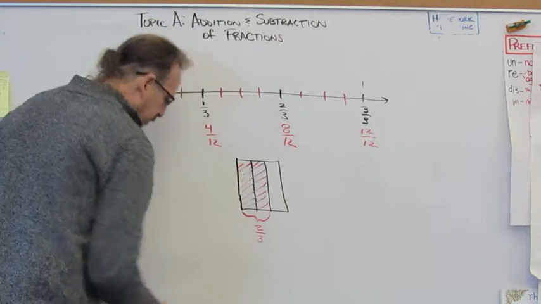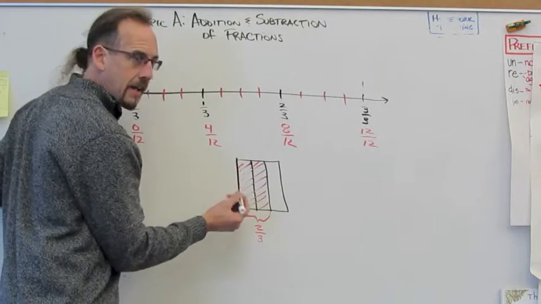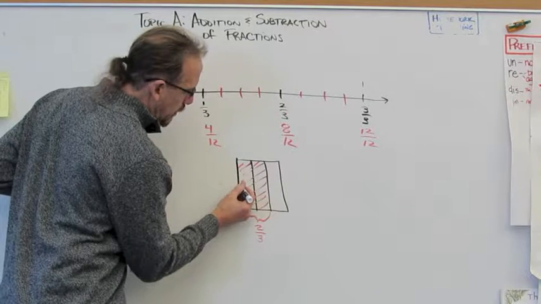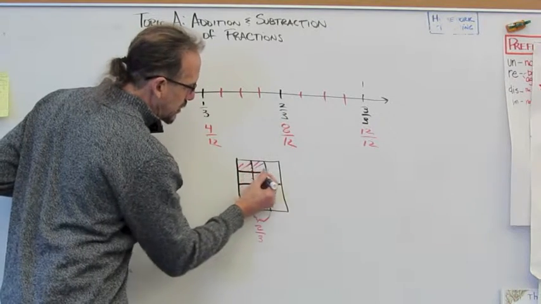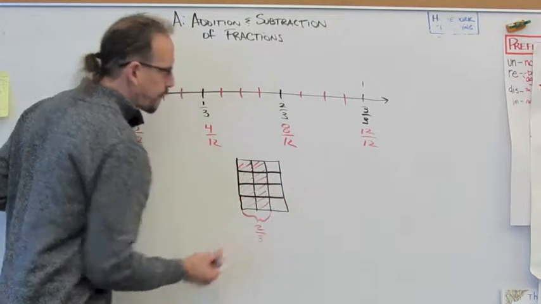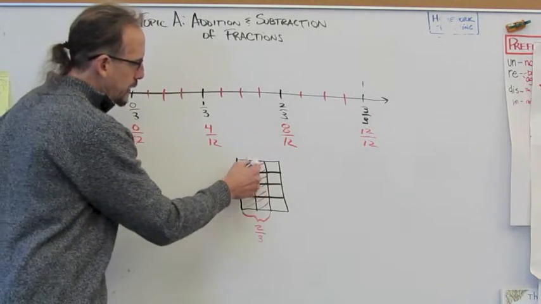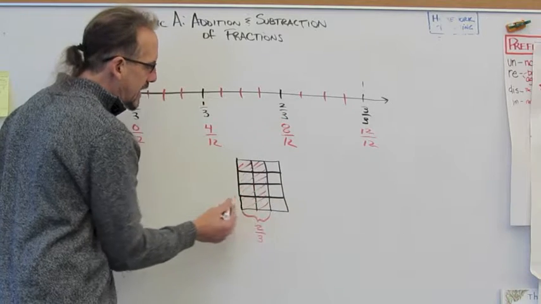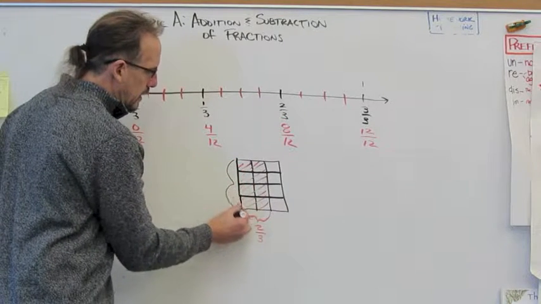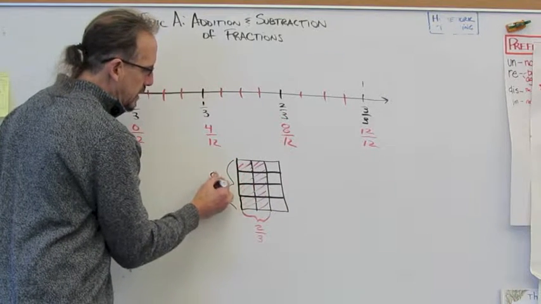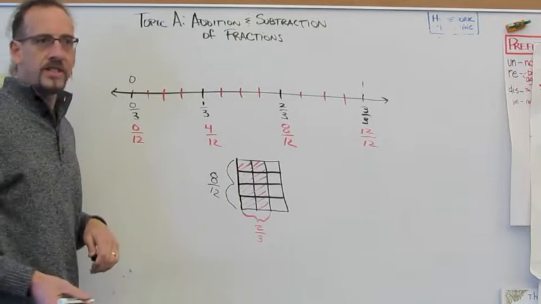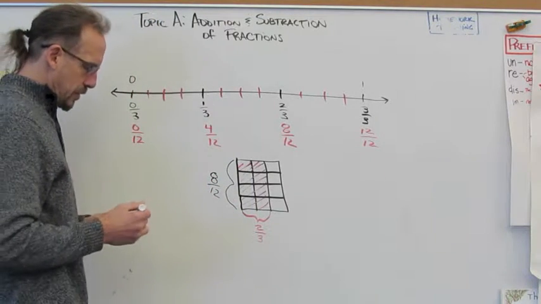And then just like I did before, I would divide that into 4 parts then, because I want to make a new name for that fraction. And there you can see now I have 12 equal parts, and 1, 2, 3, 4, 5, 6, 7, 8 of them are shaded. And that shows 8/12, which is exactly the same thing as 2/3.